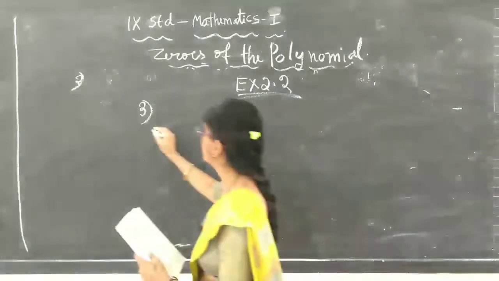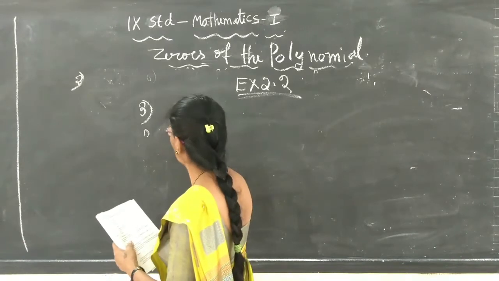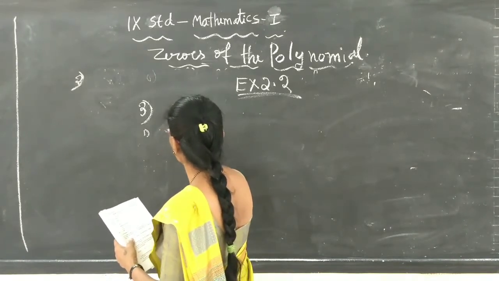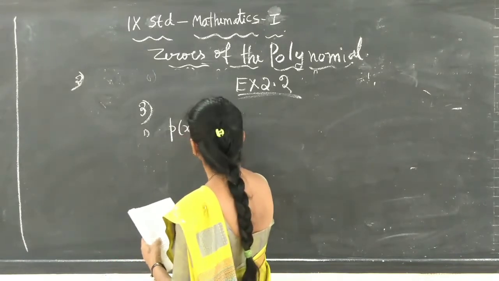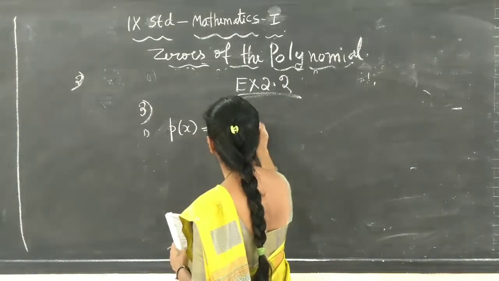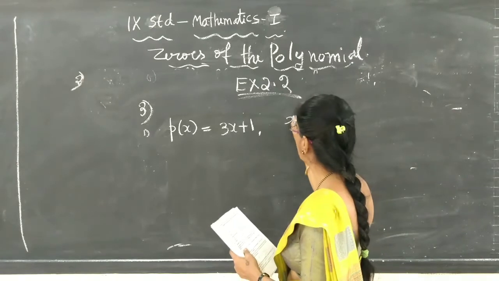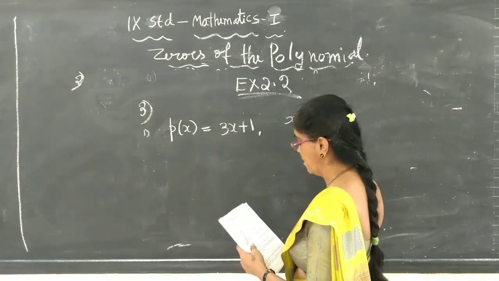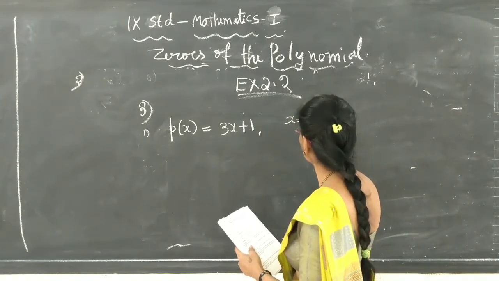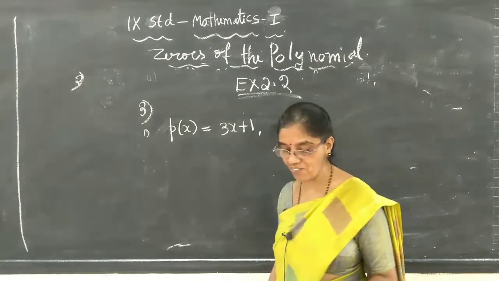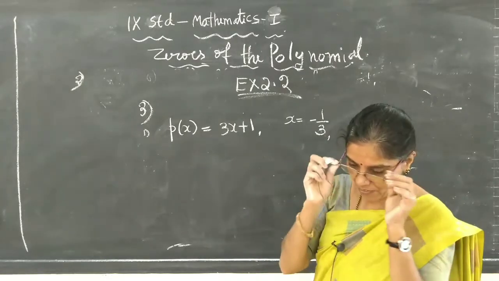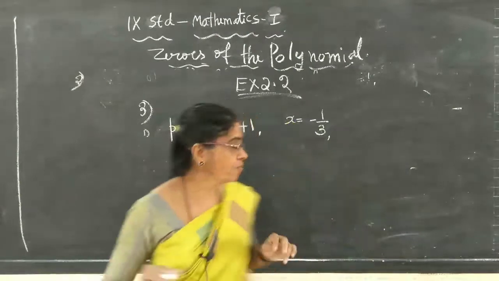First one, the polynomial p of variable x is equal to 3x plus 1, and you have to check the x value. They have given this number only, you have to take minus 1 by 3. This number you have to take and say whether it is a zero of the polynomial or not.